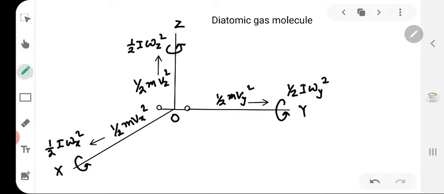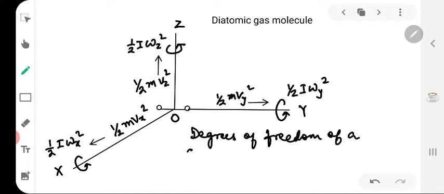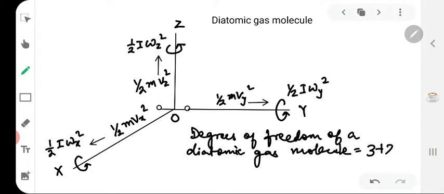Therefore, degrees of freedom of a diatomic gas molecule will be equal to 3 plus 2, that is equal to 5. And this is again the same as calculated earlier.